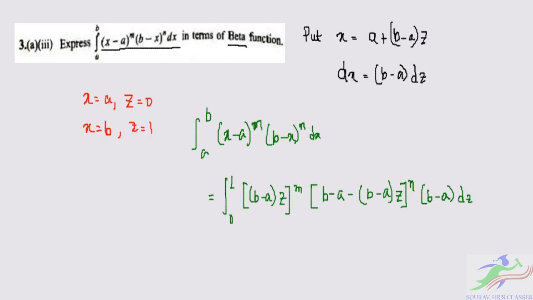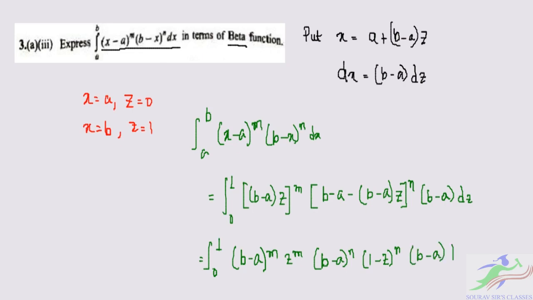So if we simplify it further, it will be 0 to 1, (b minus a) to the power m z to the power m, and then (b minus a) to the power n (1 minus z) to the power n (b minus a) dz.